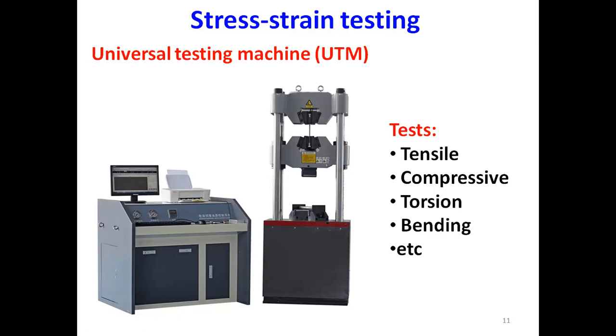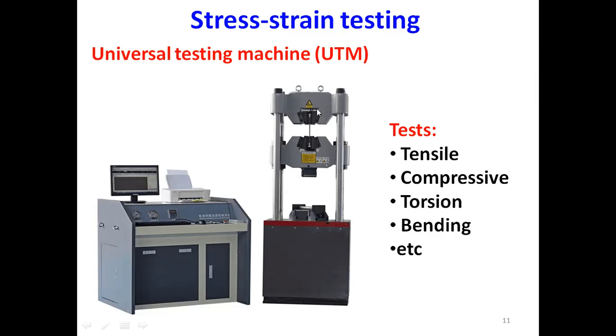In the apparatus, the force sensors or load sensors measure the force which we are exerting on the specimen. There is also a displacement sensor which measures the deformation that is happening inside the material.